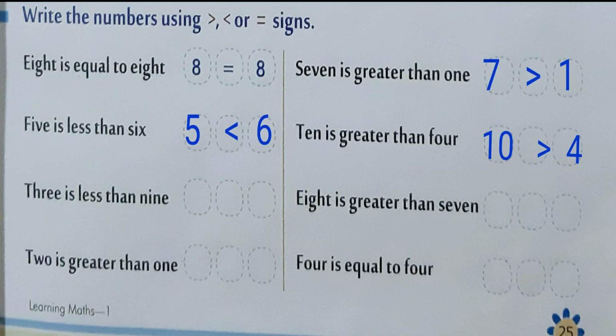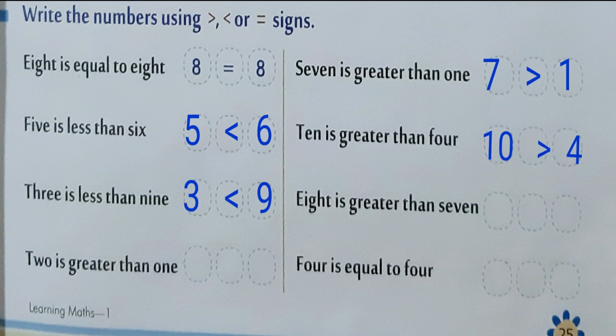And see the next one. Three, 3, is less than nine, 9. 3 is less than 9. How to write? Yes, we have to write 3 and less than sign and 9. 3 is lesser than 9.